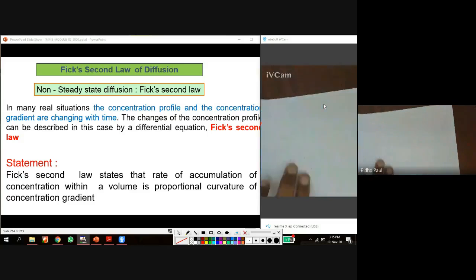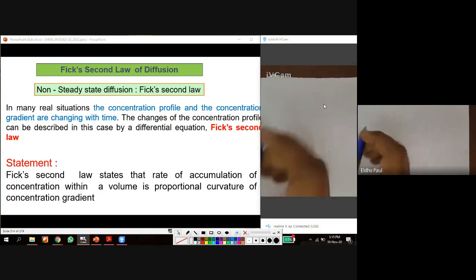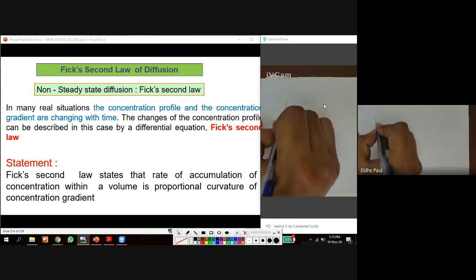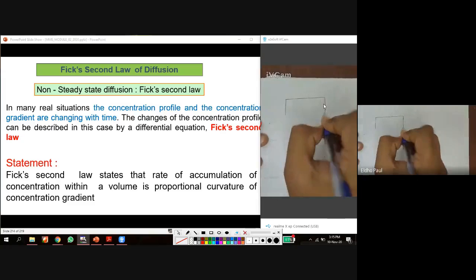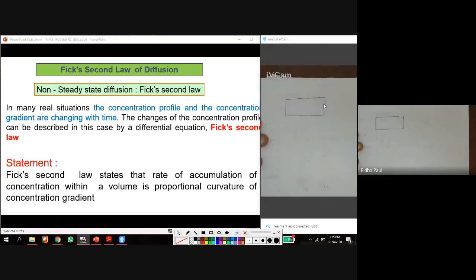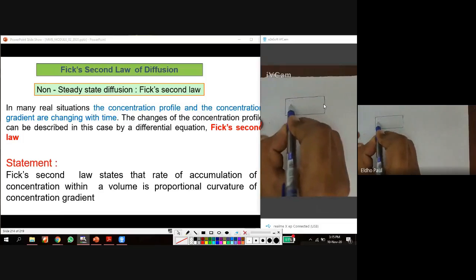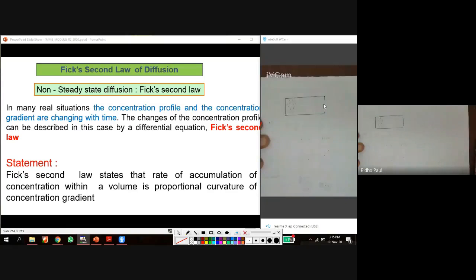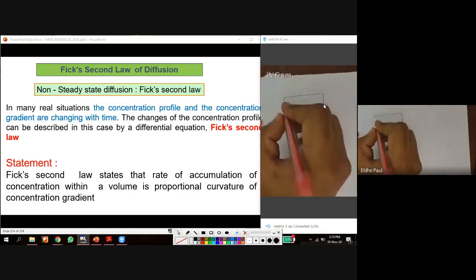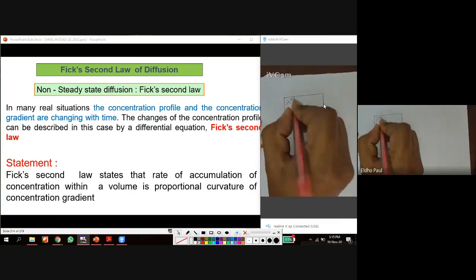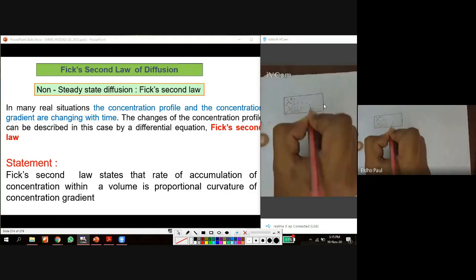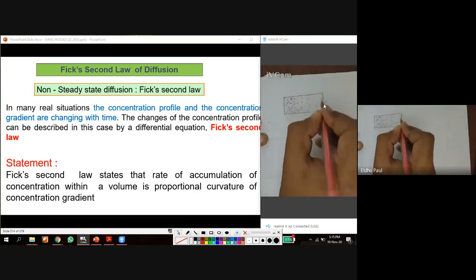Fick's second law. For that, I am considering a material with a different concentration of its constituents. On the left hand side, the concentration is very high, and towards the right, the concentration is very low.